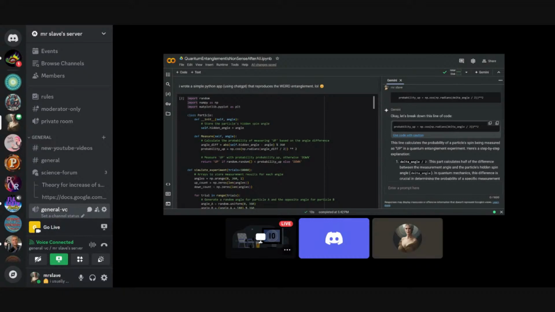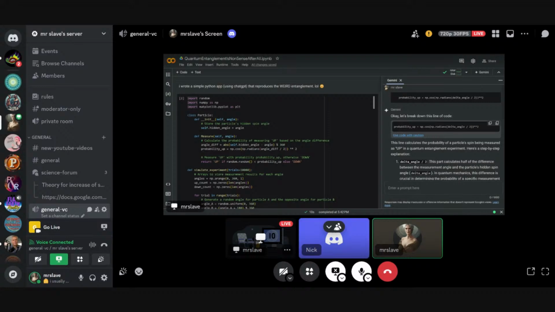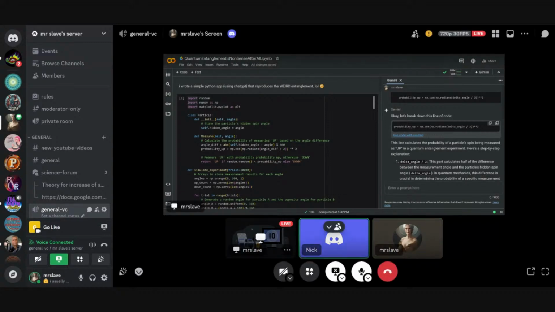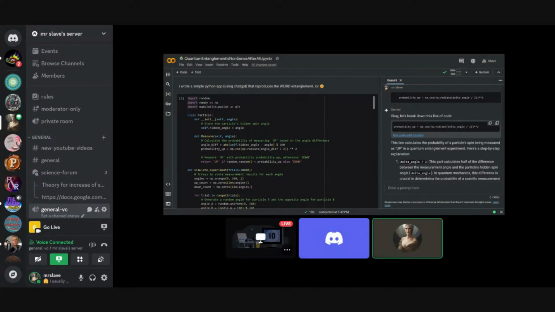Every time we create two particles, we give them random opposite angles, and then we take particle A and measure it at 0 degrees. Basically, we're asking it, are you pointing up? If it's pointing up, then we run the experiment on particle B. Particle A, we're done with it.